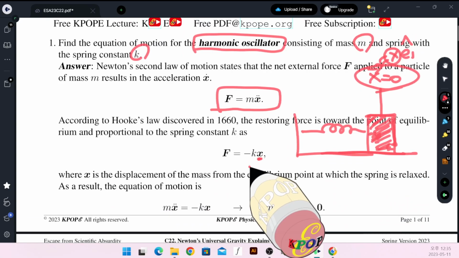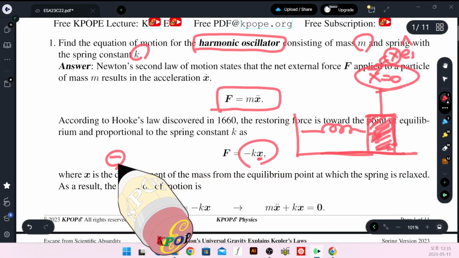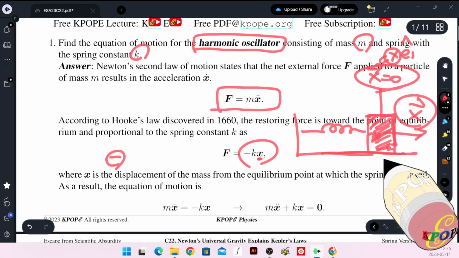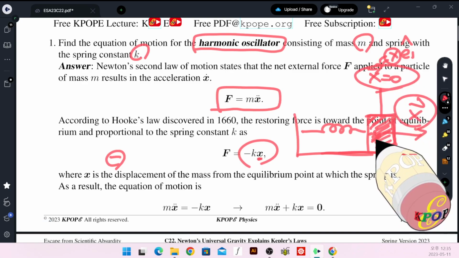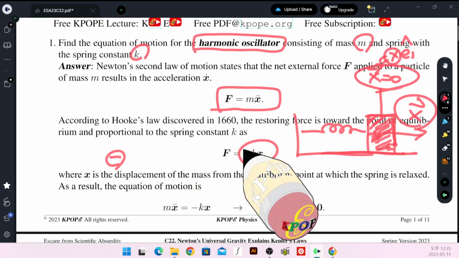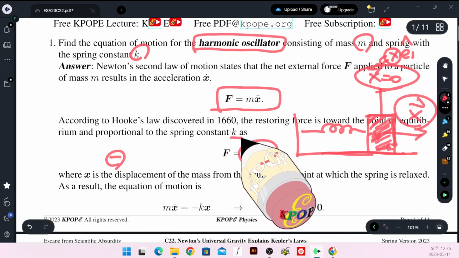The restoring force is opposite to the displacement from the equilibrium position, and it is proportional to the strength of the spring that is parameterized by the spring constant k.